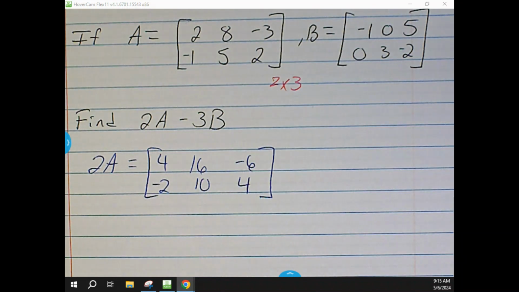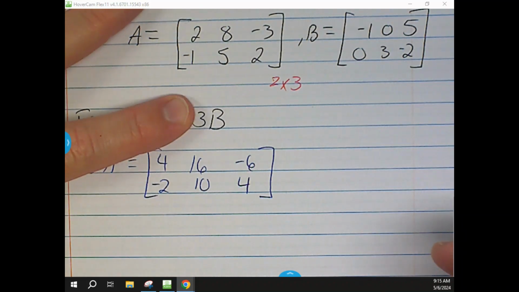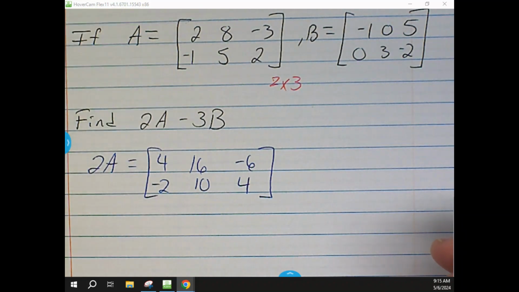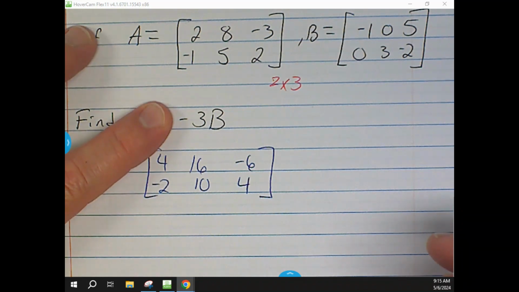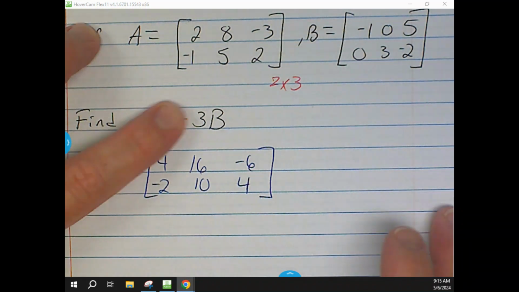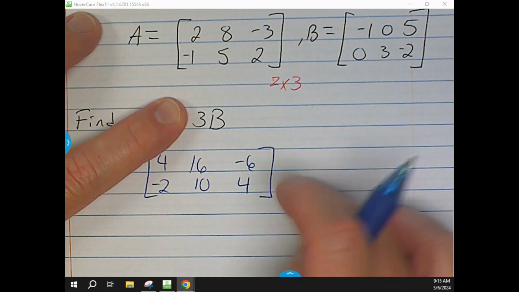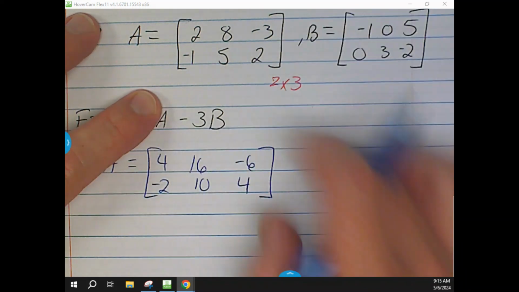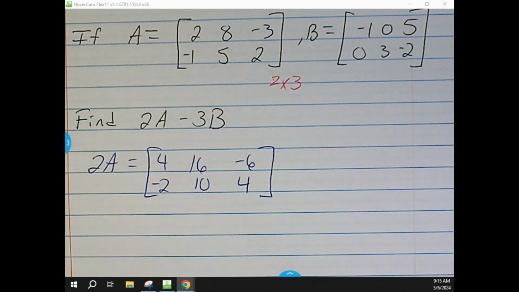Okay. With the minus 3B, we're going to go ahead and just do 3B first, and then we'll wind up subtracting the two. You could use the distributive property with it, make it a -3. So you could take it either way. You could do 3B and then do subtraction in the middle, or you could do -3 times that and then make it addition. Either way is fine.